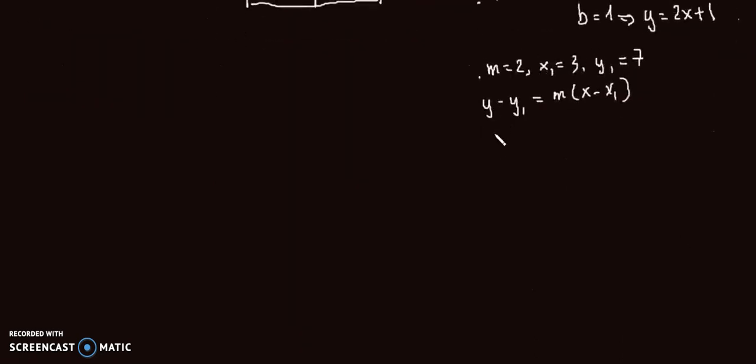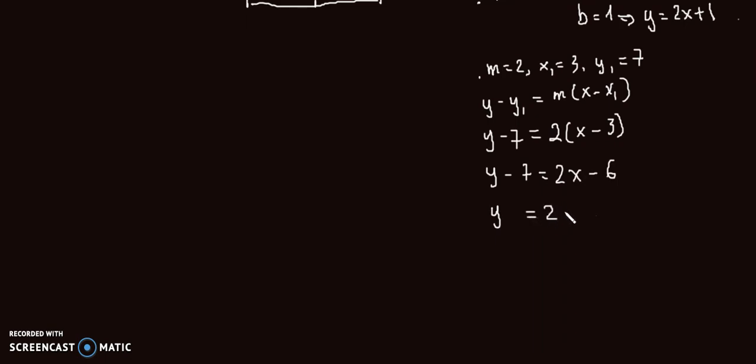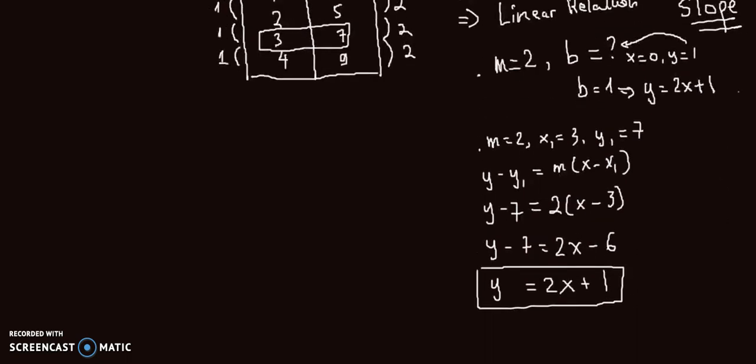So y minus 7 equals 2 times x minus 3. I just have to simplify: y equals 2x minus 6, and I add 7 on both sides, so y equals 2x plus 1. Voila! So we have two approaches, but the same result.